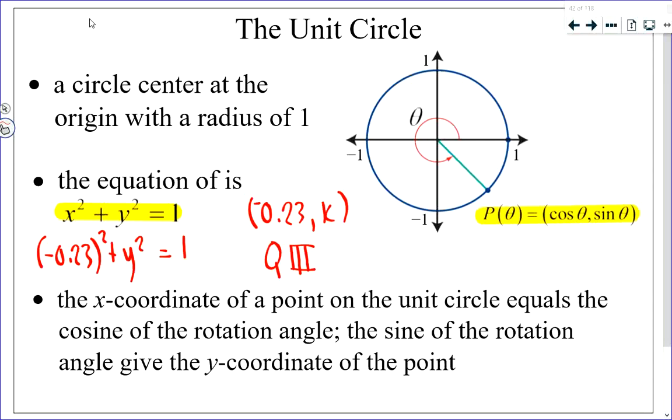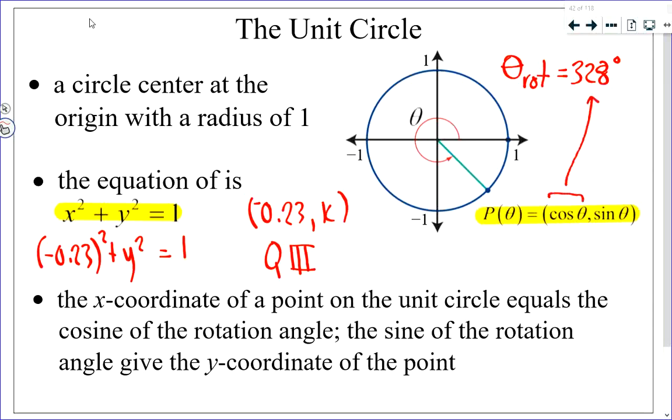Similarly, you sometimes get questions that simply tell you a terminal arm has a rotation angle of 328 degrees. What is the x-coordinate of the point of intersection of that arm with the unit circle? Well, the x-coordinate is the cosine of theta.